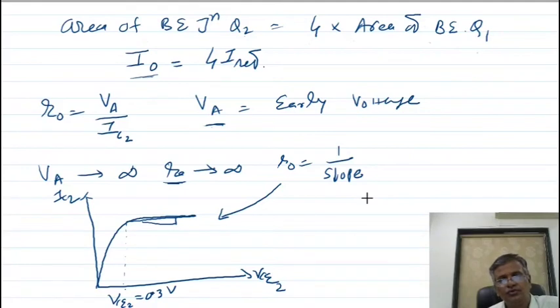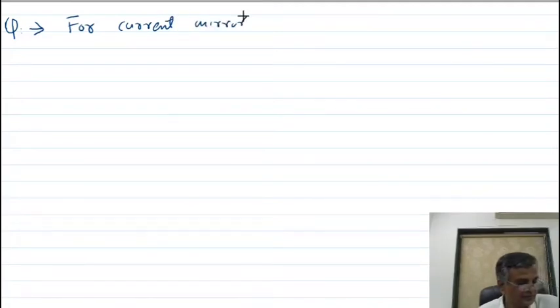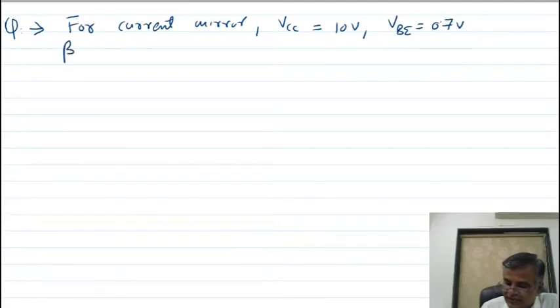Let us do the numerical based on this current mirror circuit. For the current mirror circuit, VCC is equal to 10 volt, VBE is equal to 0.7 volt, beta is equal to 125.